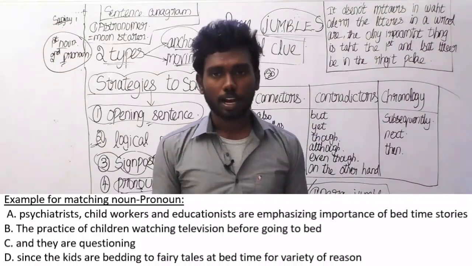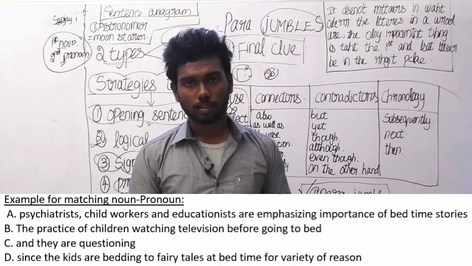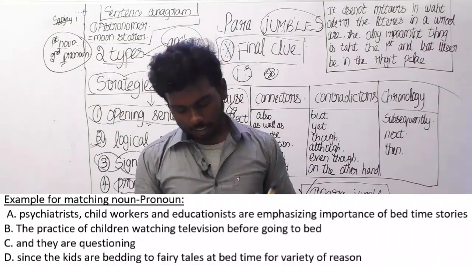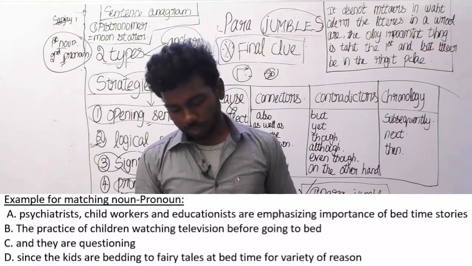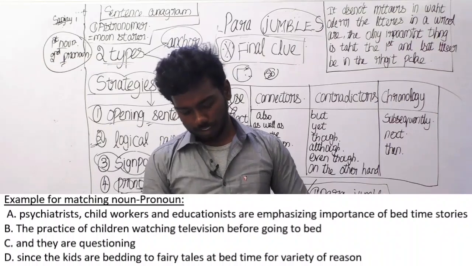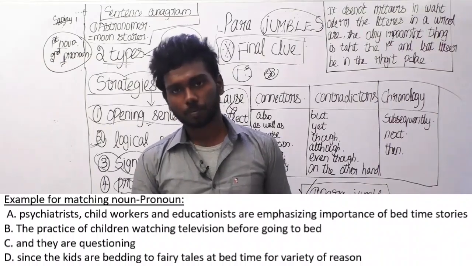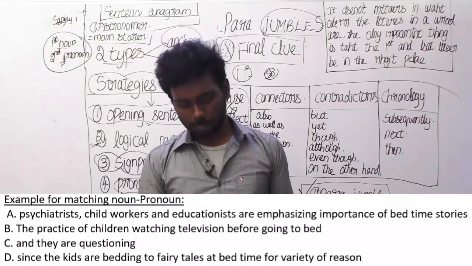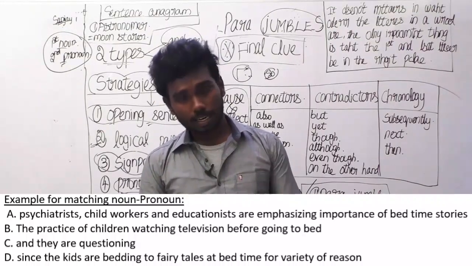And if you watch out for this pair of sentences here, it is clear that the first sentence explains about three people, psychiatrists, child workers and educationists, who are emphasizing the importance of bedtime stories. So they are saying something about the importance of bedtime stories. And look at the third sentence.